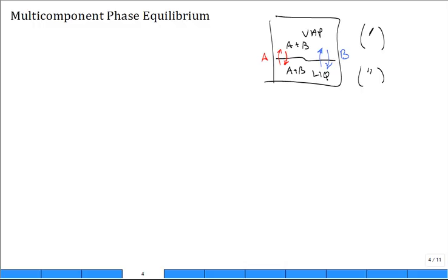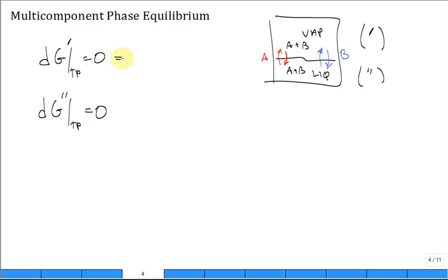And then for the equilibrium, what you want is the change in the Gibbs function for the vapor phase at some fixed temperature and pressure to be equal to 0. And you also want the change in the Gibbs function at a fixed temperature and pressure to be equal to 0 for the liquid phase, the other phase.